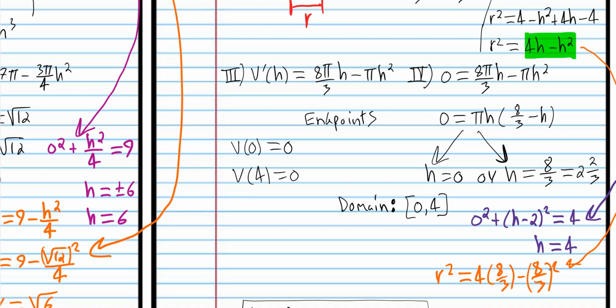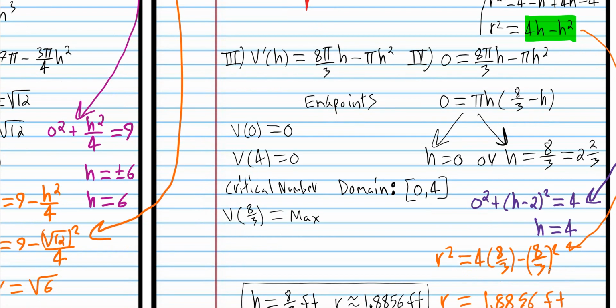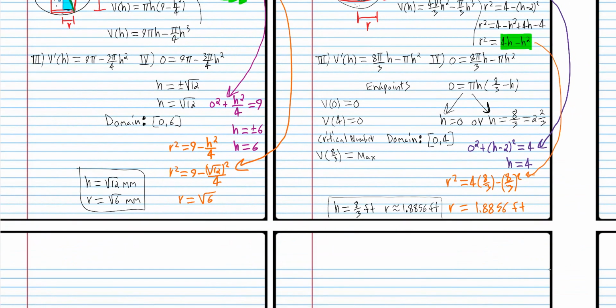So that kind of demonstrates to people why we proceeded the way that we did. And the critical number, if you plug that into the volume, you get a max. We don't even have to calculate it, we just know that that's what it's going to be.